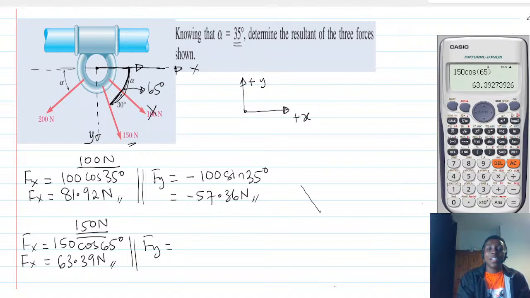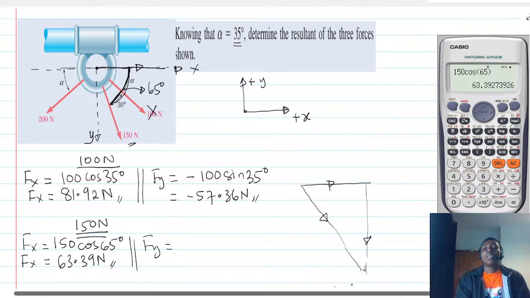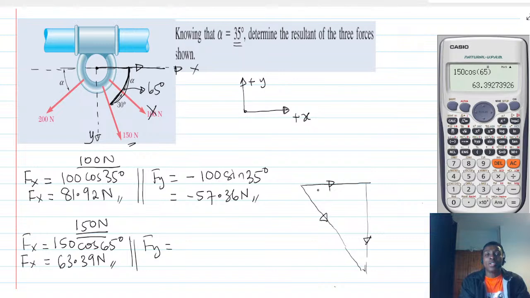So picture this as, let's say 150 is coming here and then it has an x component here. So the y component is going to come down like that, isn't it? So this is going to be 65 and this is 150 newtons. So now this side is going to be opposite and this side is going to be adjacent. Now the y component is going to be negative. Why? Because it is coming vertically downwards. Is that right?